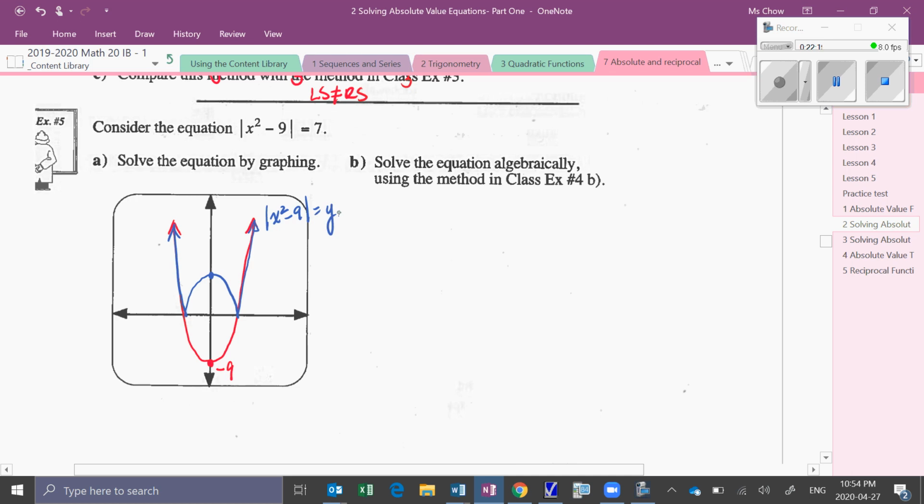That is that one. And then y is equal to 7 is going to be a horizontal line. Because this we know is 9, that means that 7 is going to end up going across right here. And this is y equals 7.